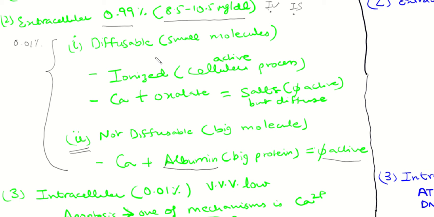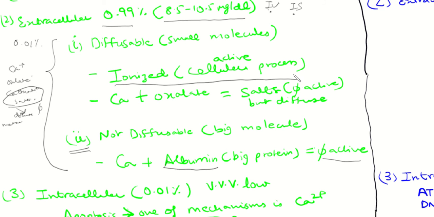The other calcium is either calcium that has combined with something small, like an oxalate molecule, to give us calcium oxalate, and that's a salt. Now it's small enough to where it can diffuse. However, it's not metabolically active, because what's metabolically active is ionized calcium, or calcium with the charge on it.